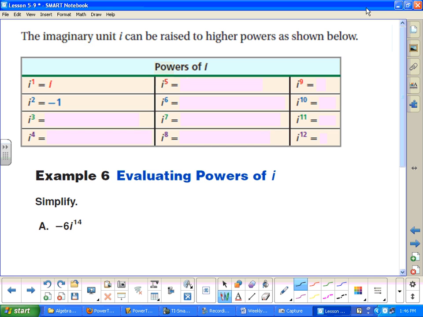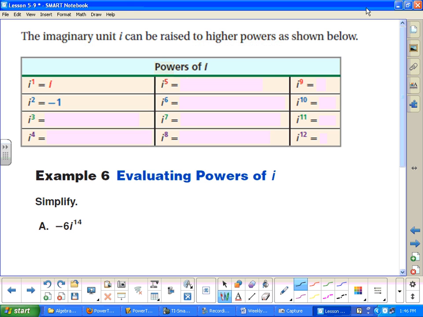Raising i to a power. First of all, we know that i to the first power is i, isn't it? That makes sense. And we've learned that i squared equals negative 1. Well, what happens if I want to get i to the 14th or i to the 85th or i to the 292nd? We can find that out by using the powers of i.